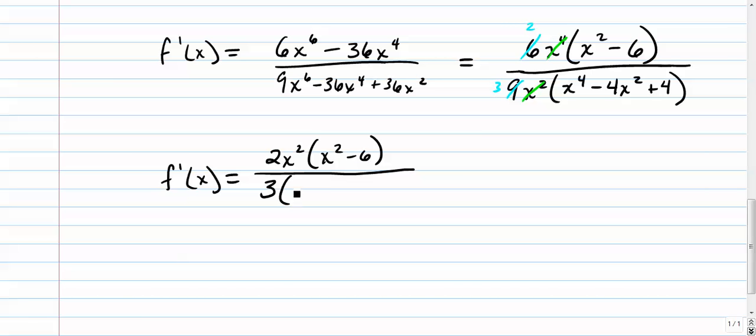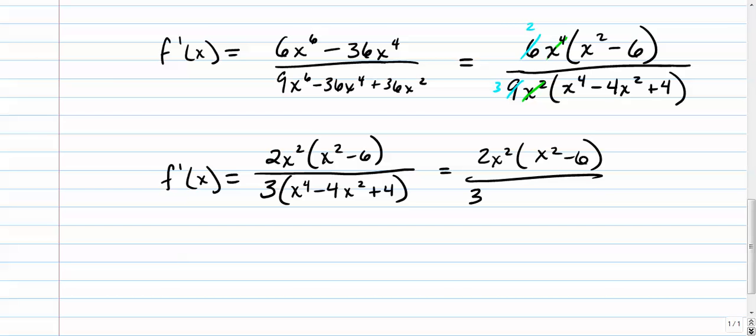And I'll rewrite the rest. Next you want to see if you can actually factor anything, if the top is factorable or if the bottom is factorable. If they were, then you would go ahead and factor it out. The top doesn't really simplify too easily, so we'll just leave that. The bottom you can actually factor into two binomials: x squared minus 2, x squared minus 2.